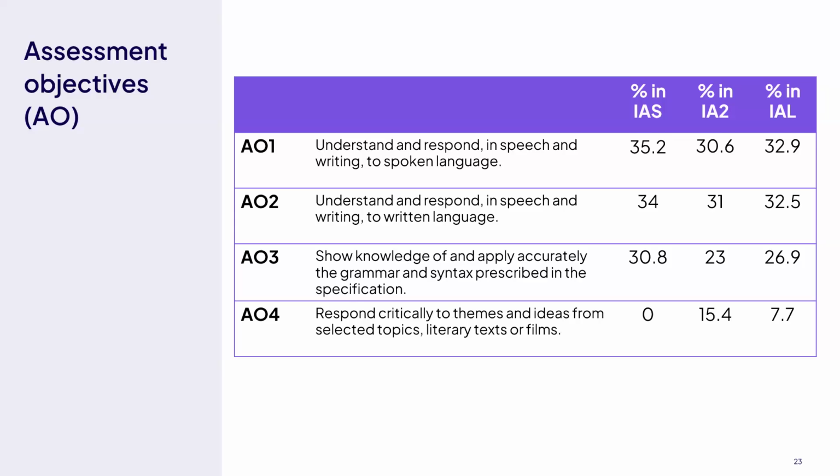This is where, in terms of the technical layout of the specification, it's important to understand things like that. So if it's only an AO2 question, we're not concerned with quality of language for that assessment objective.